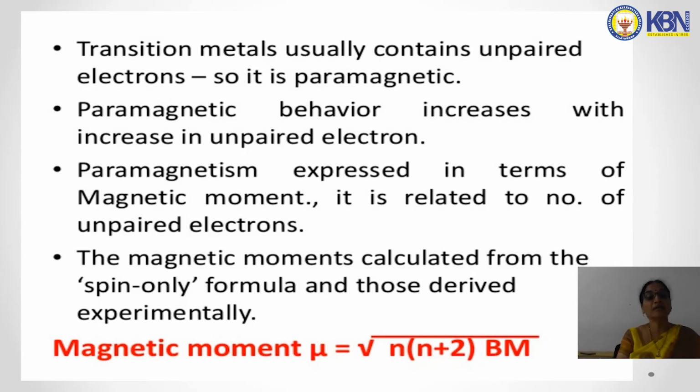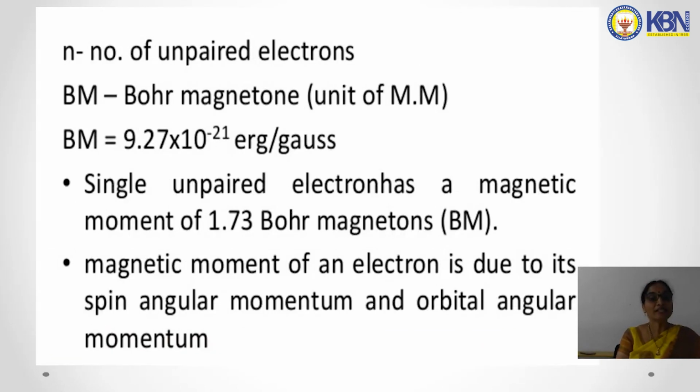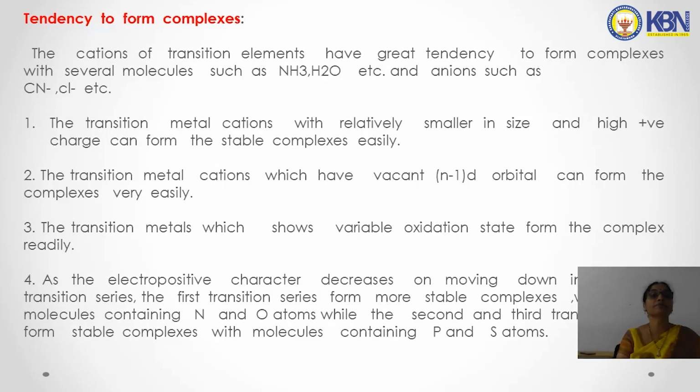Magnetic moment is measured in Bohr magnetons, where n is the number of unpaired electrons and BM is the Bohr magneton. If a compound has a single unpaired electron, it has a magnetic moment of 1.73 Bohr magnetons. The magnetic moment of an electron is due to its spin angular momentum and orbital angular momentum.